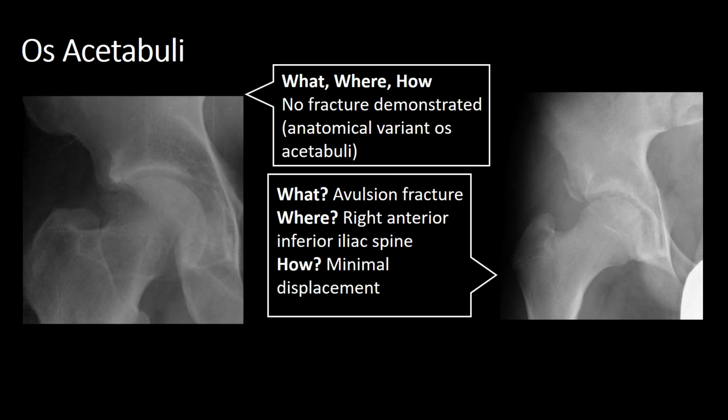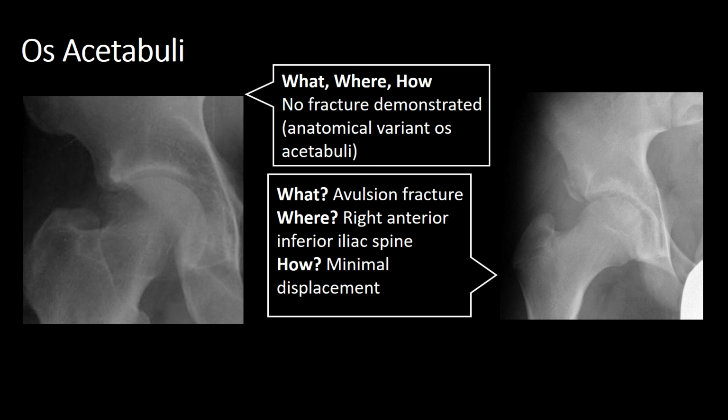So on the left we can see os acetabuli, smooth, round, well corticated, indicating that this is long-standing, it's a chronic appearance. Let's compare with the image on the right, which demonstrates an avulsion fracture of the right anterior inferior iliac spine.